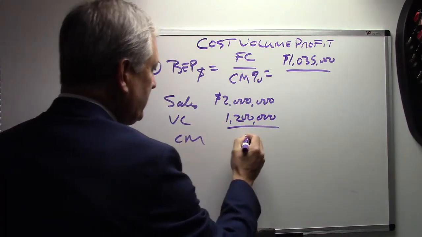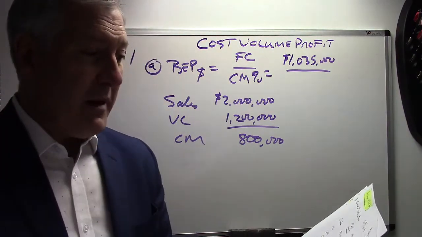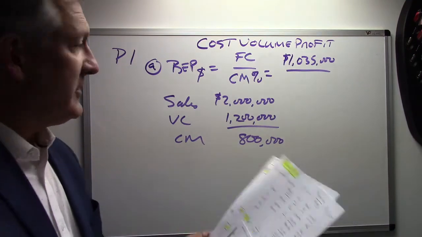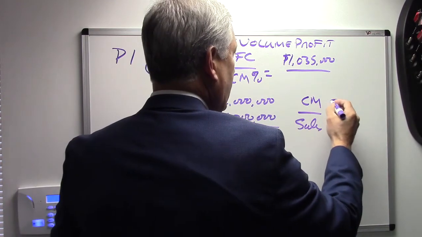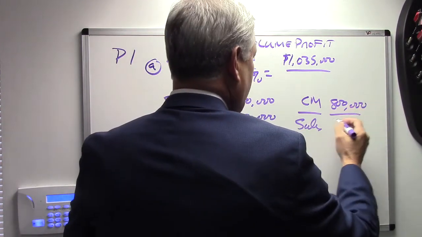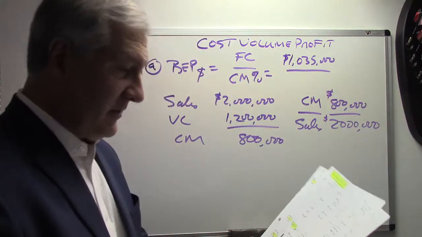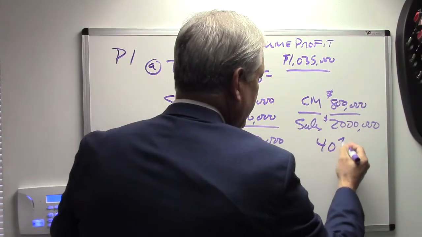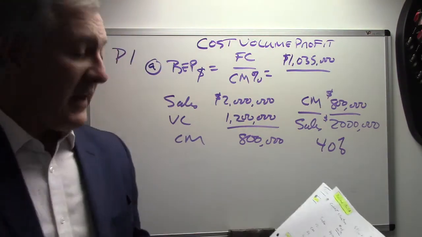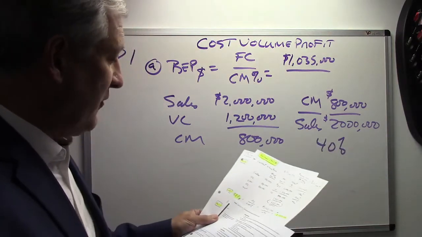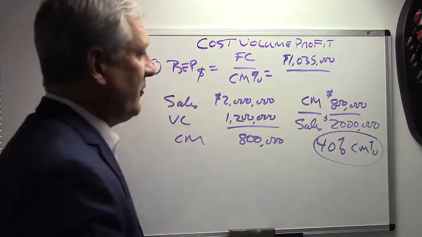So the contribution margin in total dollars is $800,000. And we remember how to calculate the contribution margin percentage, right? It's going to be contribution margin divided by sales. So you've got $800,000 divided by $2 million. And that's going to be what? 40%. Right? The contribution margin divided by the sales number is 40%. So the CM percentage is 40%.